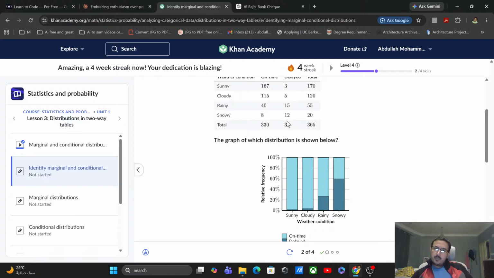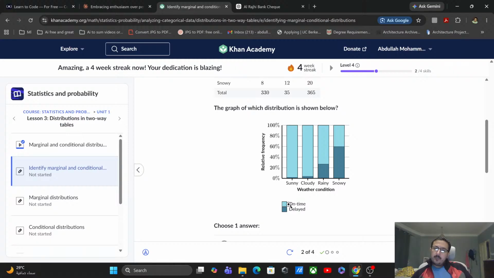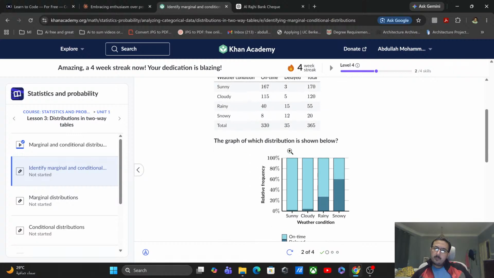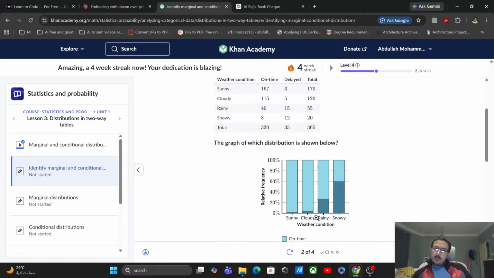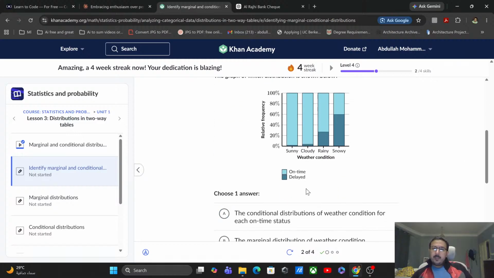It's less. Here it's more. 60%. On time. Delayed. Should be less than the 15. Rainy is 15. Okay, on time and delayed.